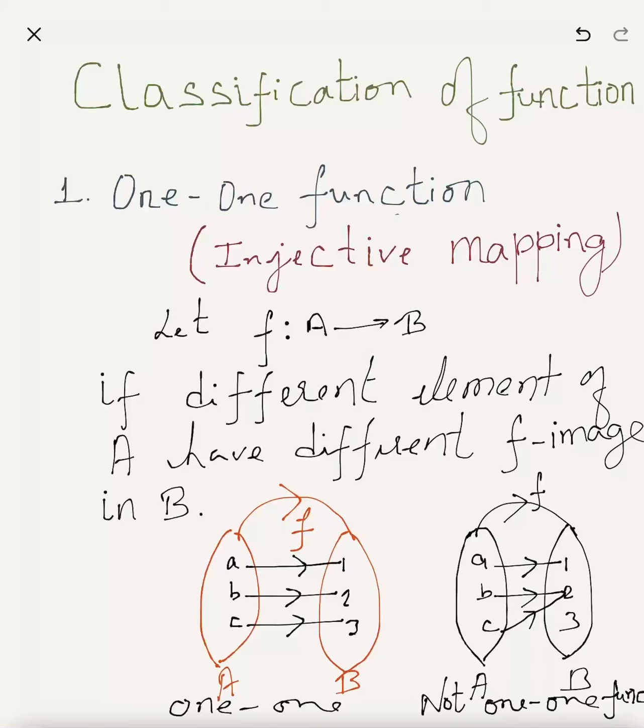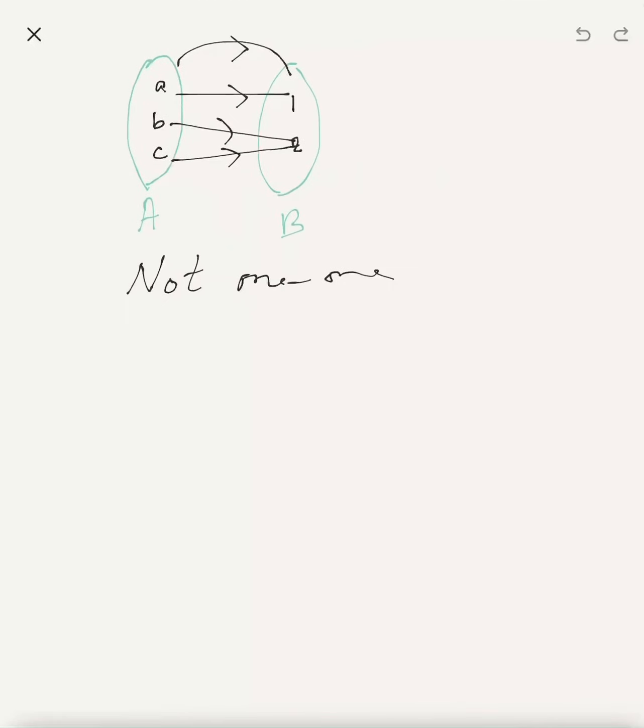Let me give you one more one-one mapping example so that you will be clear. Let me clear this first. Look here.